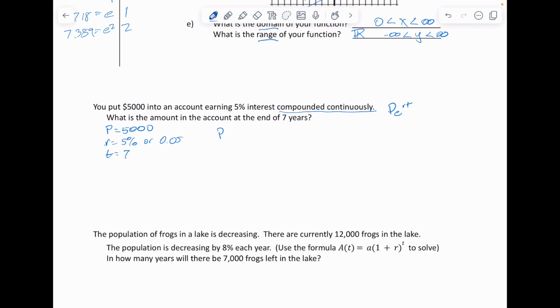So putting it into PERT, you have P e to the R T, which is going to be 5,000 times e to the 0.05 times 7. Plug that into your calculator, you're going to get 7,095.34.